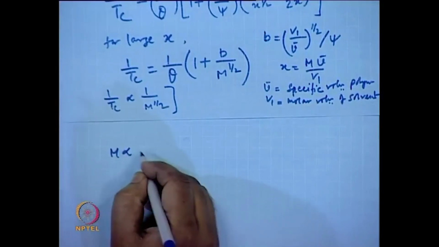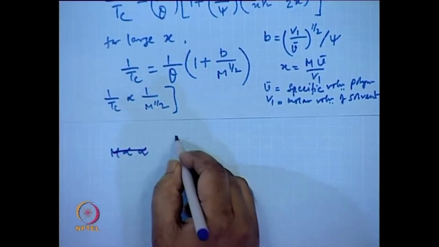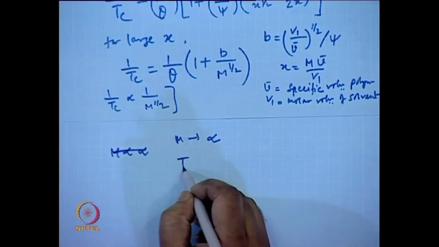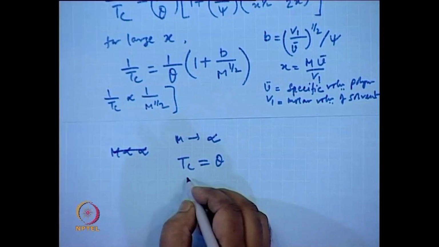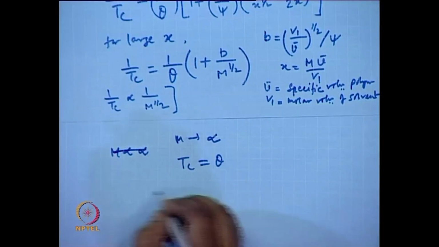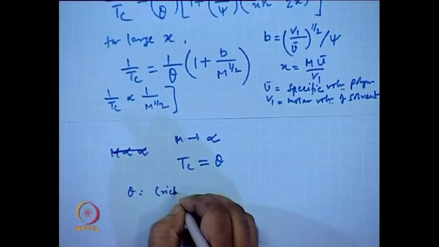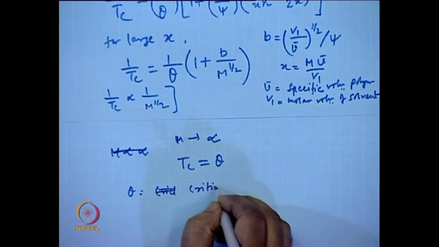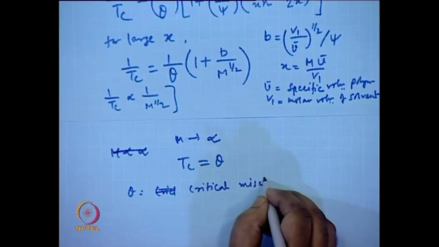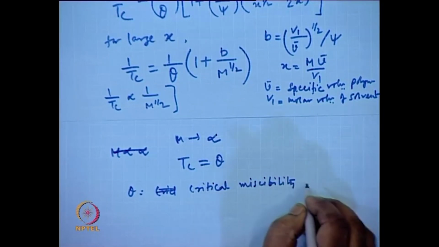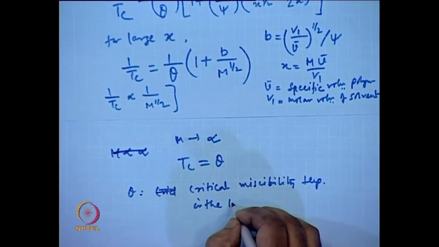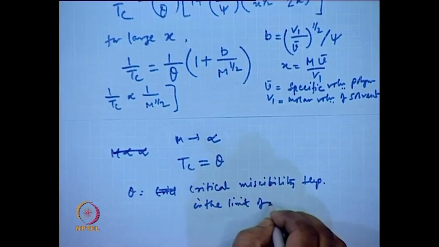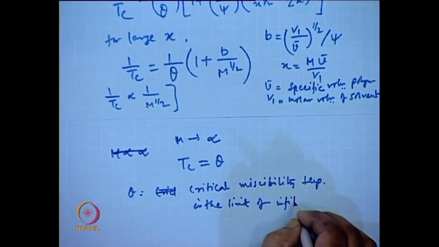If m tends to infinity, then T c is equal to theta, which means that theta is your critical miscibility temperature in the limit of infinite molecular weight.